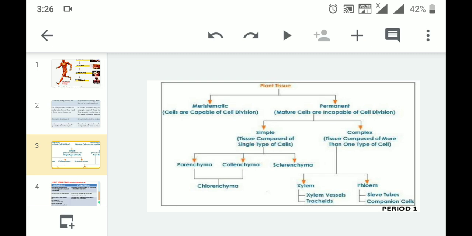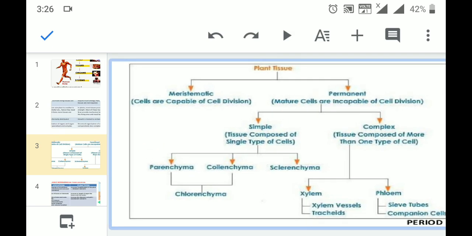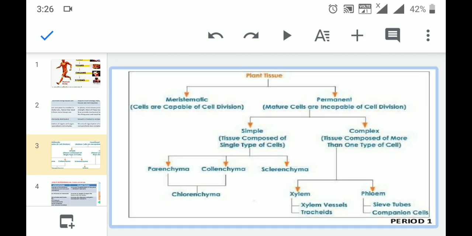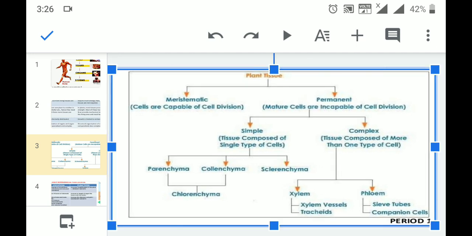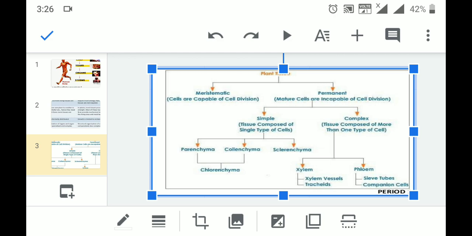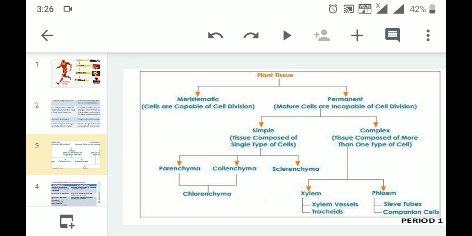Now let us see different plant tissues. Here you can see that there are two main types of plant tissues, meristematic tissues and permanent tissues. Meristematic tissues are capable of cell division. These are young, continuously growing tissues, with continuous cell division taking place inside them.